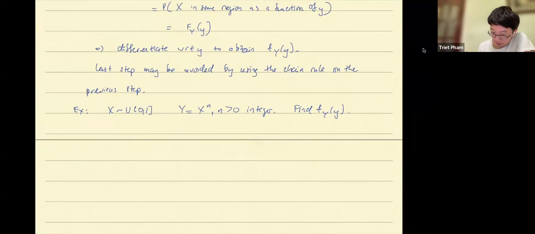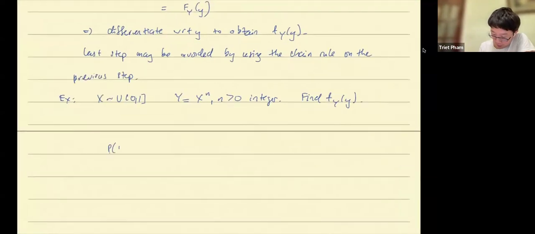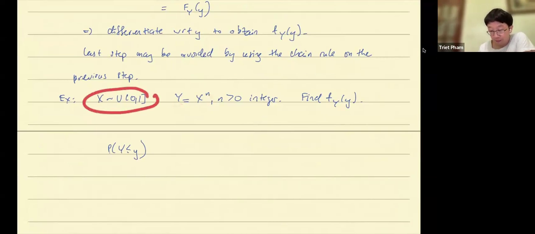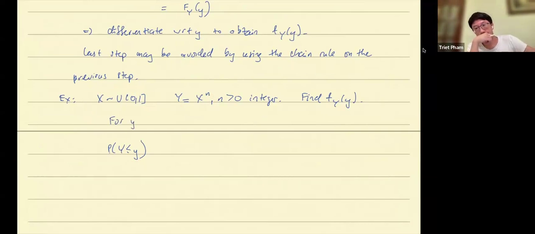So for example, if I start out with the probability of Y less than or equal to little y here, well, random variable Y is X to the n. X is uniform 0 to 1. So what kind of values can big Y take? Also 0 to 1, right?